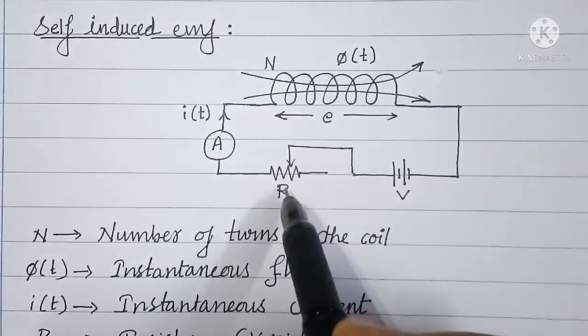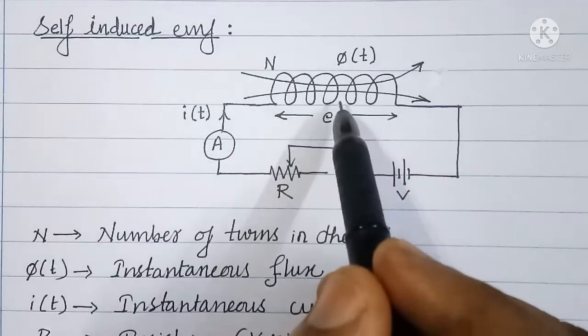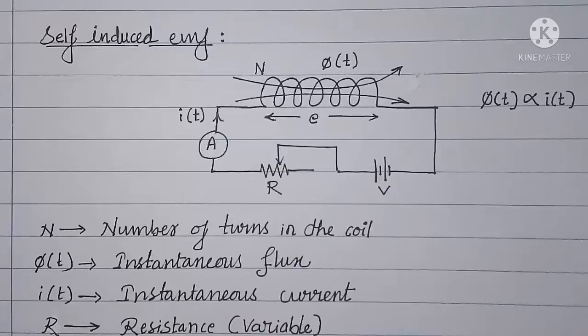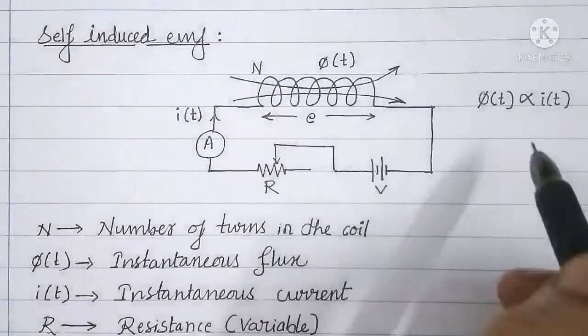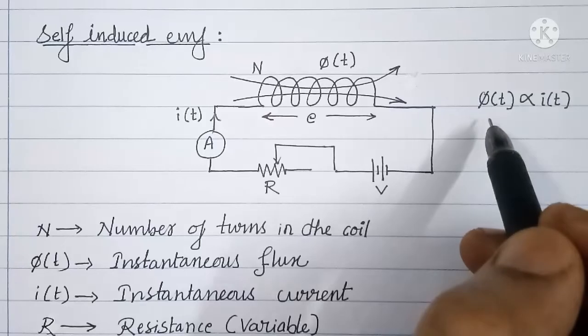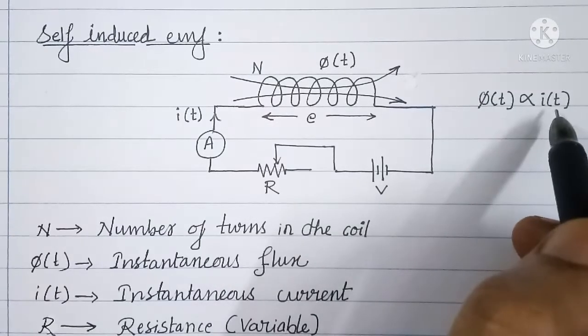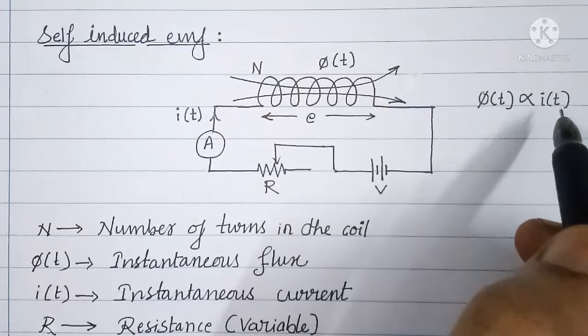If we vary the current flowing through the coil, then there will be variation found in the flux set up by the coil, because flux produced by the coil is proportional to current flowing through the coil.